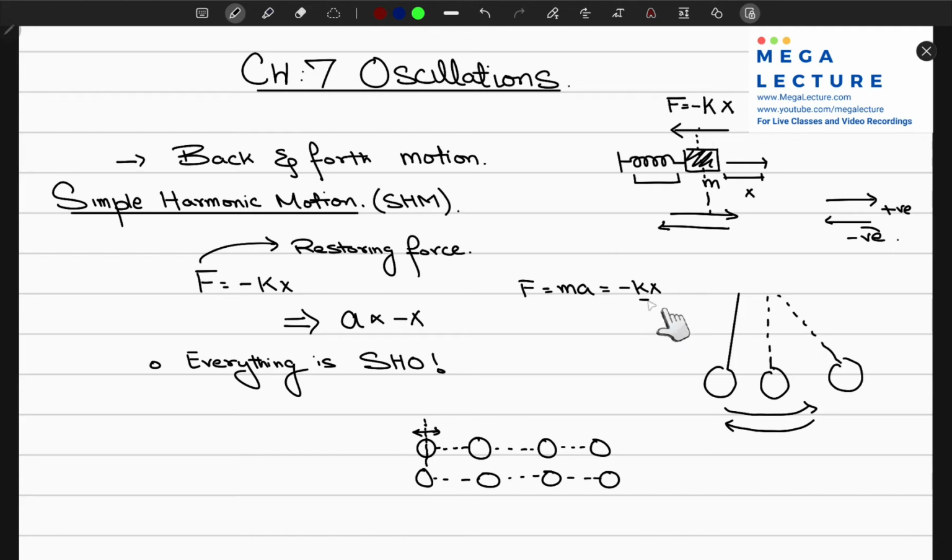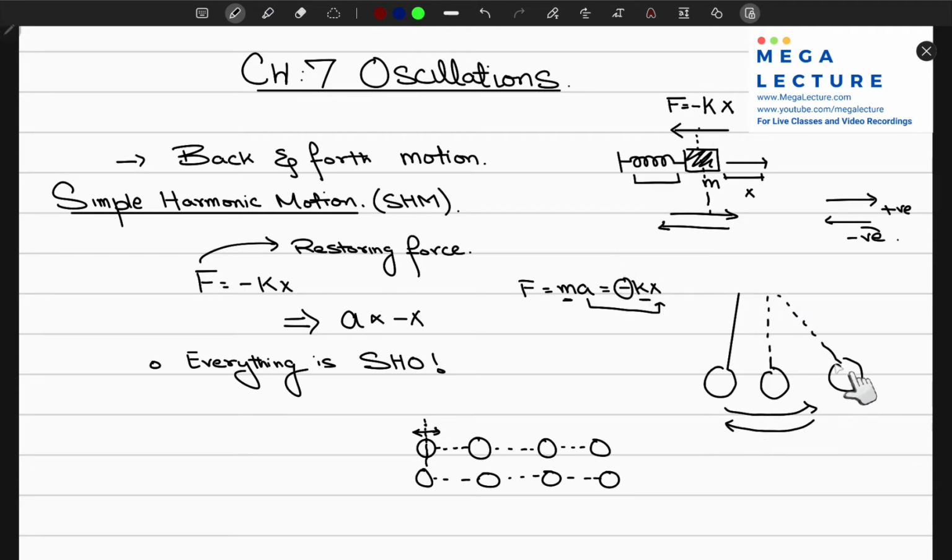If I ignore the constants, then acceleration is proportional to minus x. Such a type of motion is called simple harmonic motion, and it's one of the special types of vibratory motions. Always note that this acceleration is directed towards the mean position, and that's the reason for this negative sign.